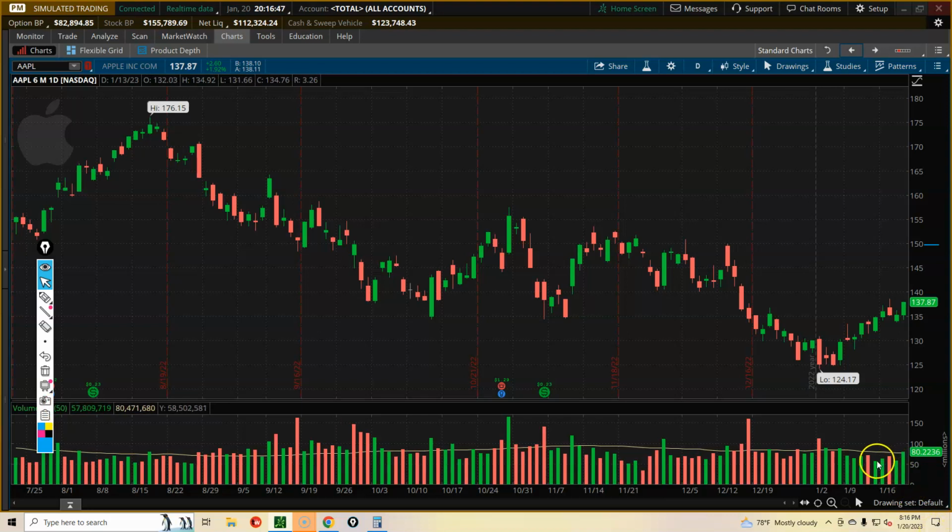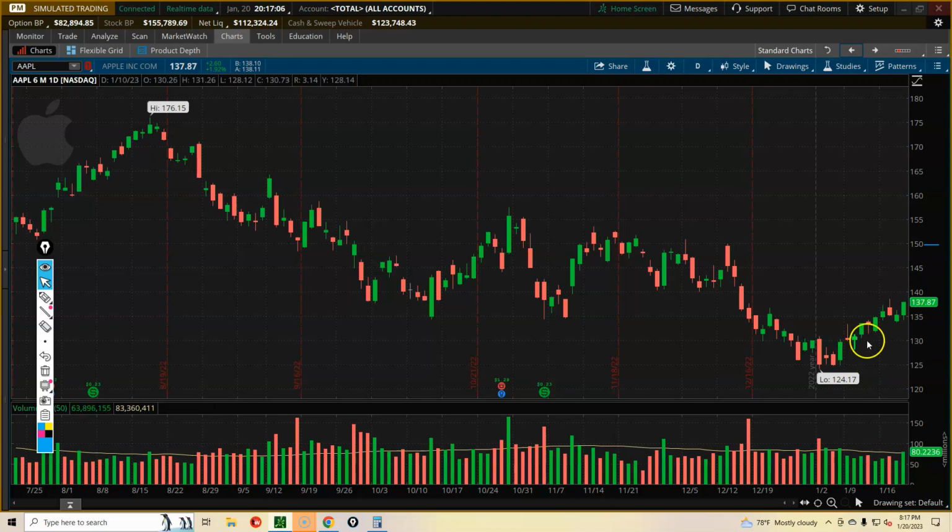Everything else has been weak, even going back. So for the most part, in the last 10 trading days, it's just been weak volume at least.